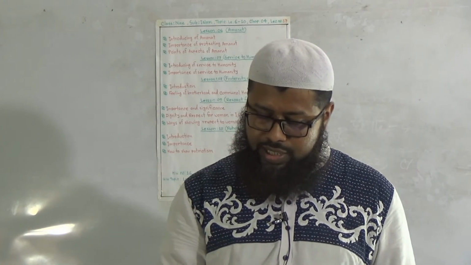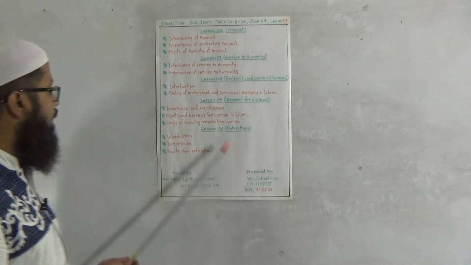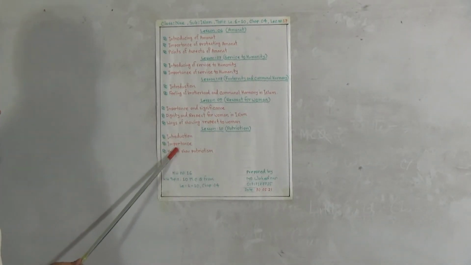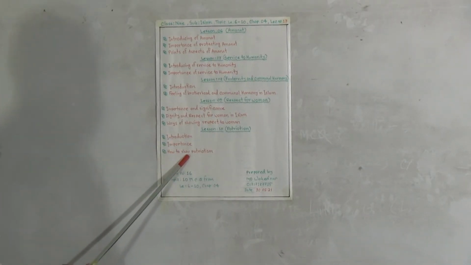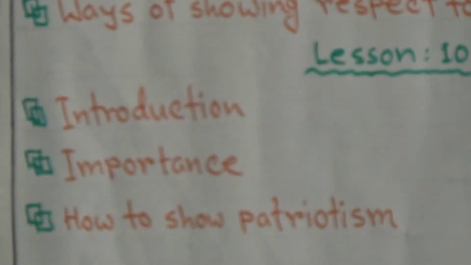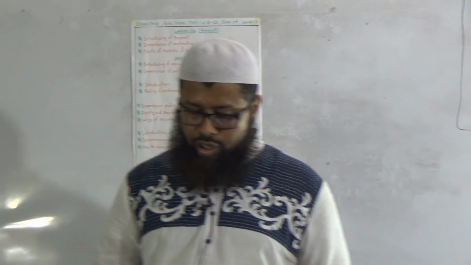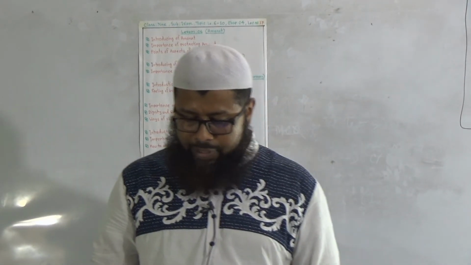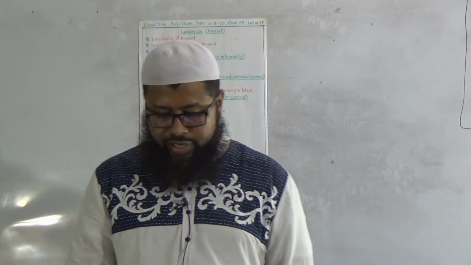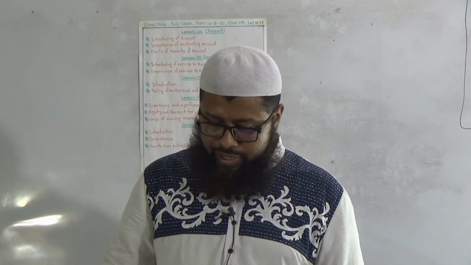And now I will discuss patriotism, lesson 10, the last lesson. First the introduction, then the importance, and then how to show patriotism. Students, patriotism means one's native land, also called the motherland, the country where a person is born and brought up in its environment, and where he grows up.